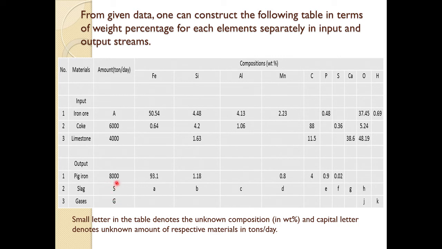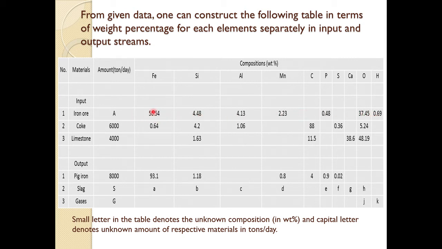But we need the slag output, we have to know the amount. And then if you write it in terms of weight percentage, as we have shown in the previous slide, these elements you can put in.